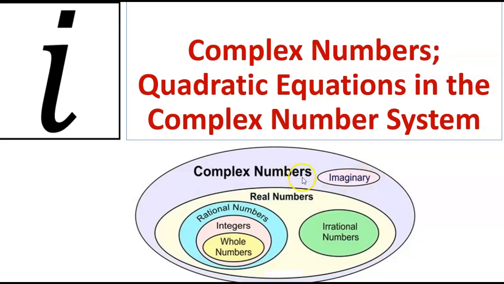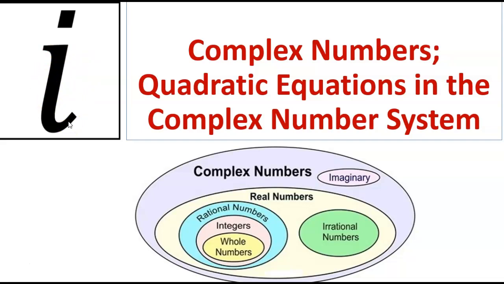So the complex world is made up of imaginary numbers. Imaginary, you can't see it, but they are there. We can imagine it. And then real numbers, we see them, we can touch them, we can count them, but imaginary numbers, we can't. So i is a symbol that is used to represent imaginary numbers.